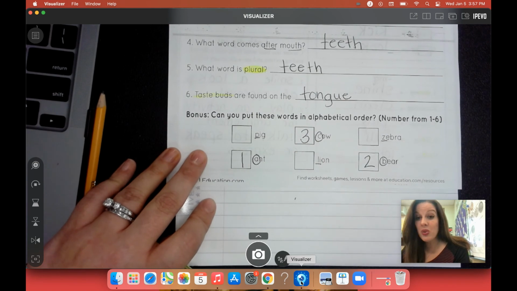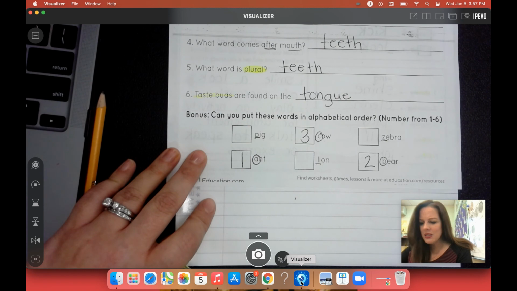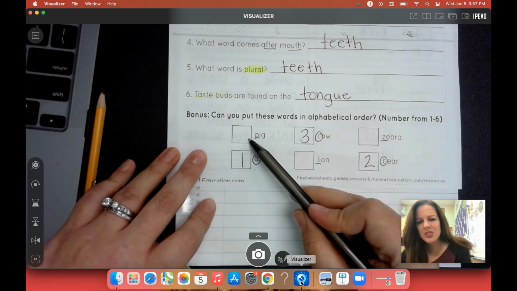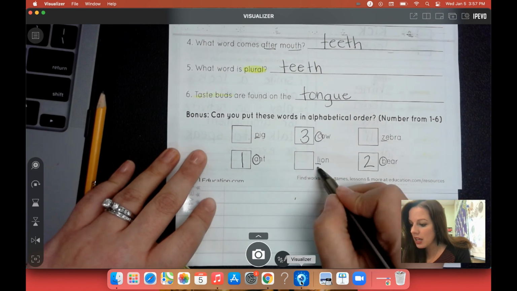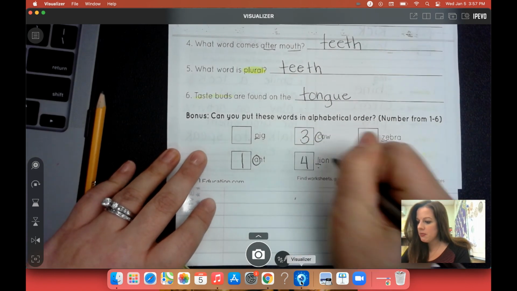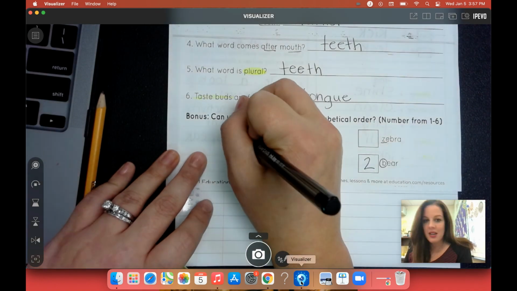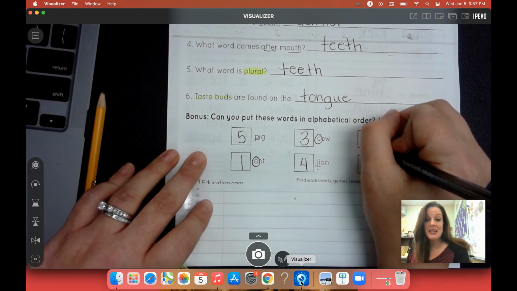I know that zebra will likely be at the end because it starts with Z. So I really only have L and P to figure out who comes first in the alphabet. After cow, with the C would be the L, lion. Definitely skipped some letters there. L, M, N, O, P, that's going to be lucky number 5. And last but not least, zebra.